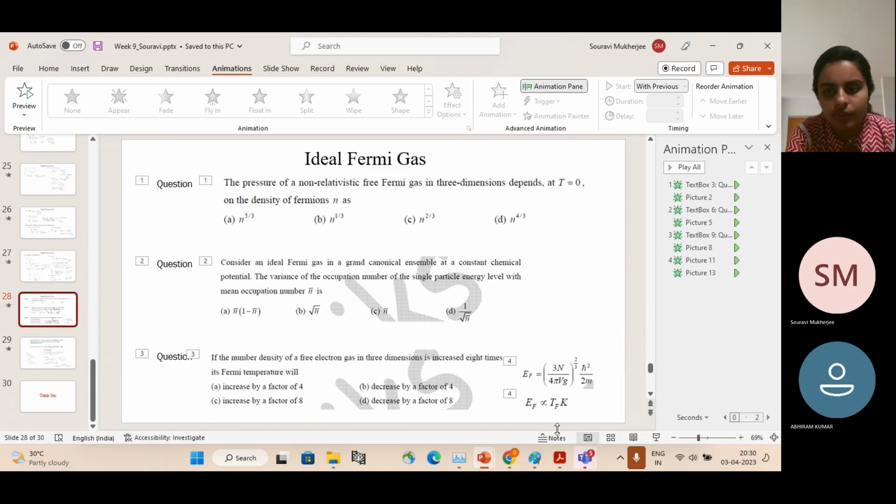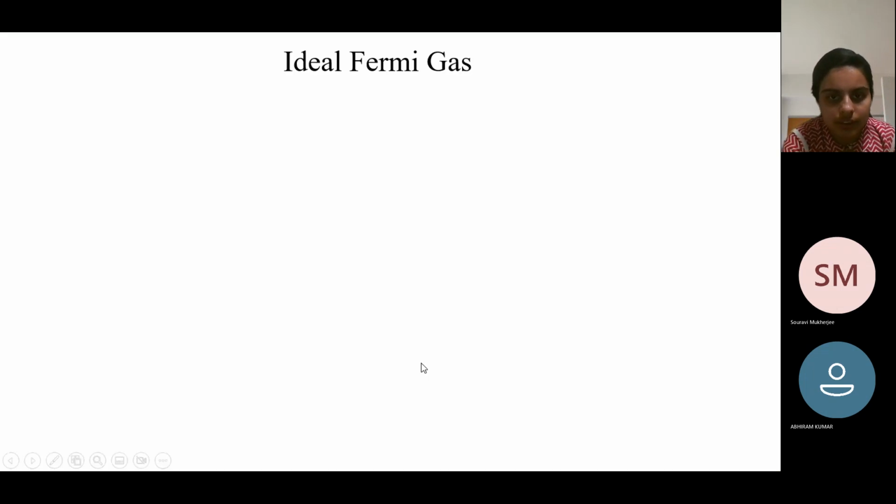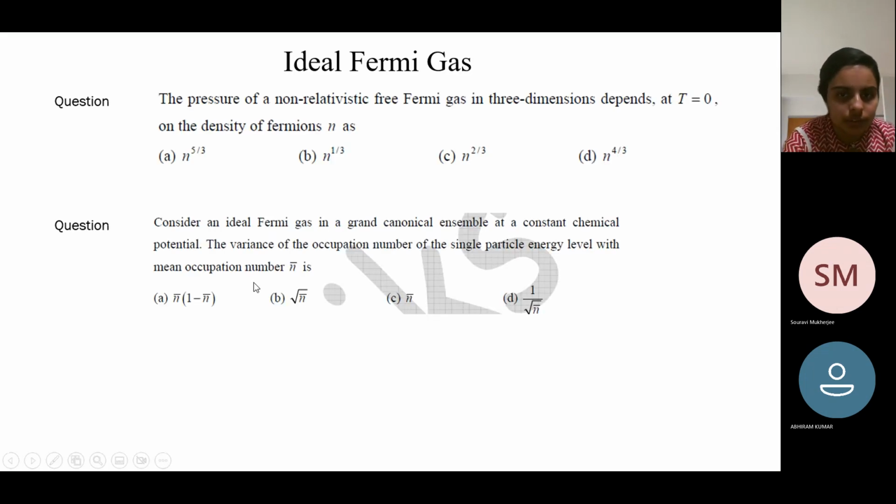If you do that, you would get something like this, right? So you have taken n as common, and then you have 1 minus n bar, where n bar is your mean occupation number.